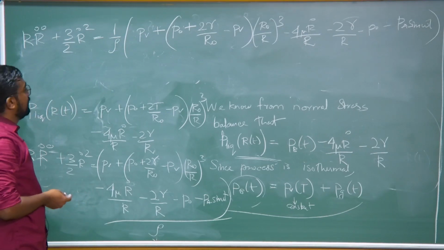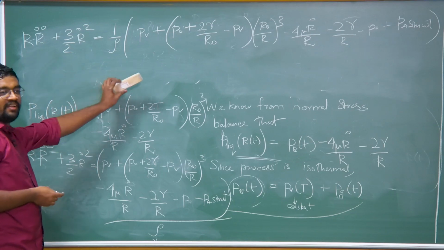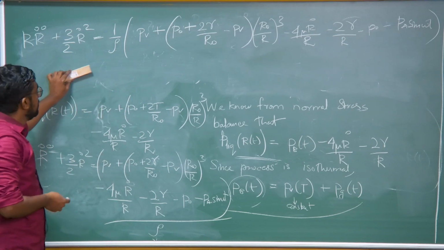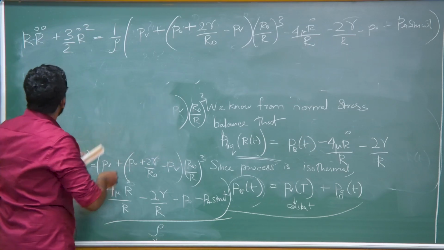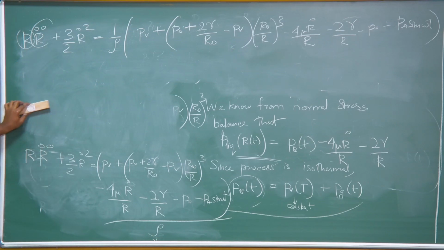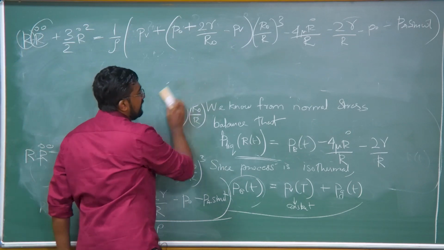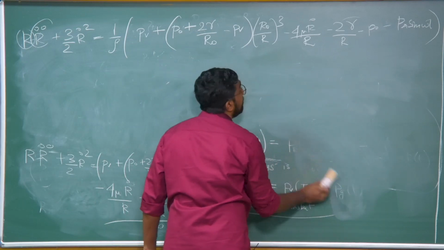Okay. So, looking at it, it looks really complicated. So, the equation as such, this is a second order non-linear equation, second order non-linear because of this R. One thing you can notice quickly is suppose at t equal to 0.